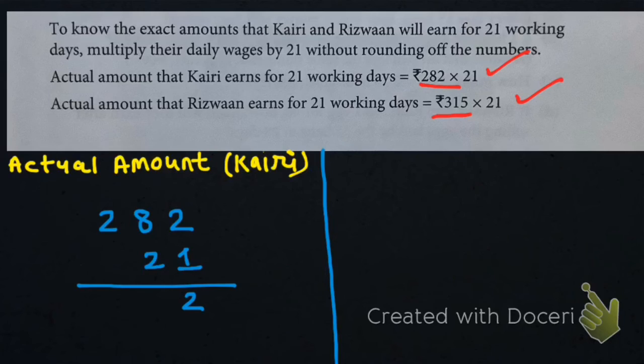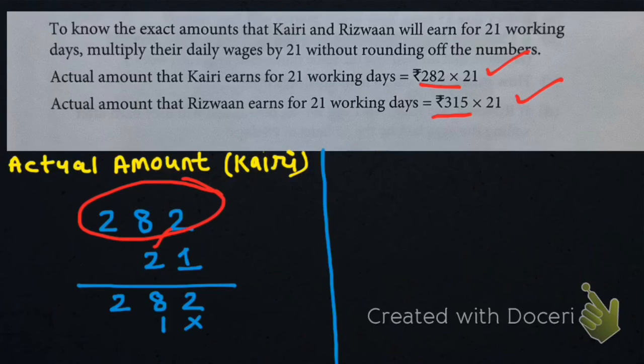So 1 into 2 will become 2, and 1 into 8 will become 8, and 1 into 2 will become 2. Now students, you see that 2 is in tens place, so cross mark ones place here. Then I will multiply this first number by 2.